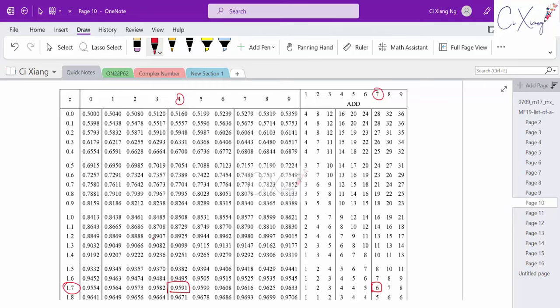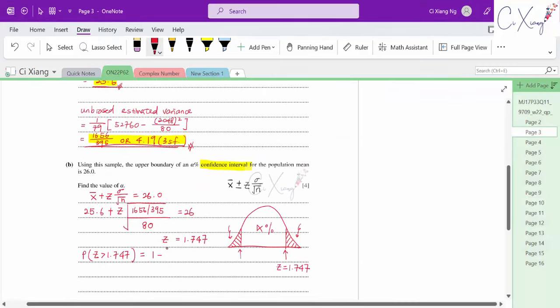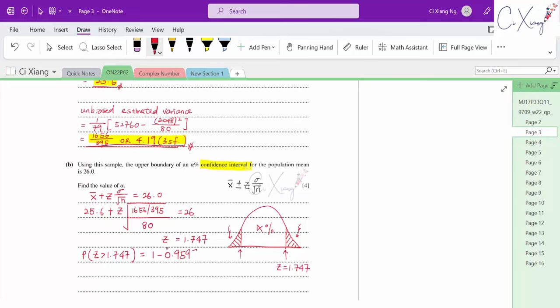I take 9591 plus 6 at the last digit, and I get 1 minus 0.9597. The upper shaded area that I get is 0.0403.